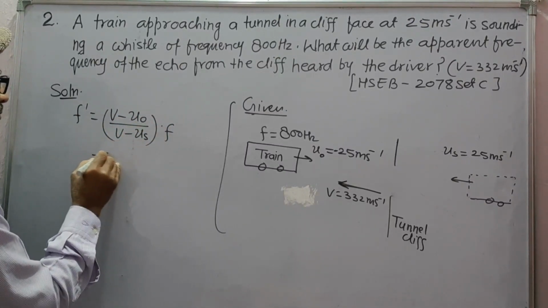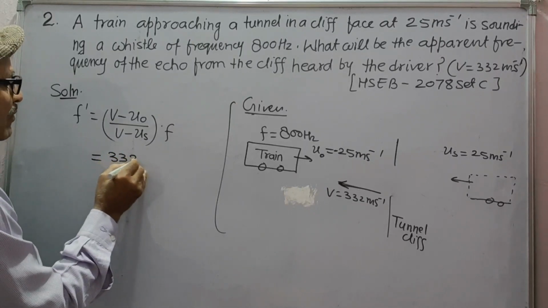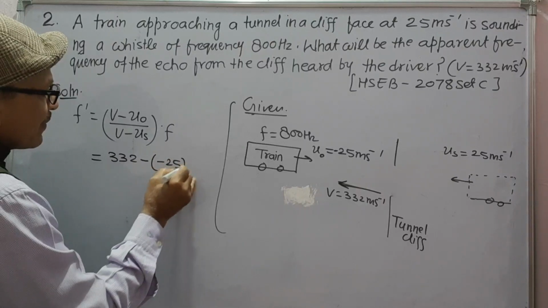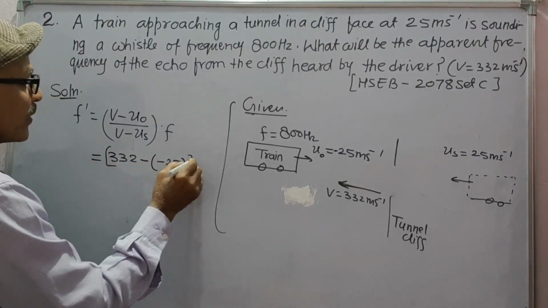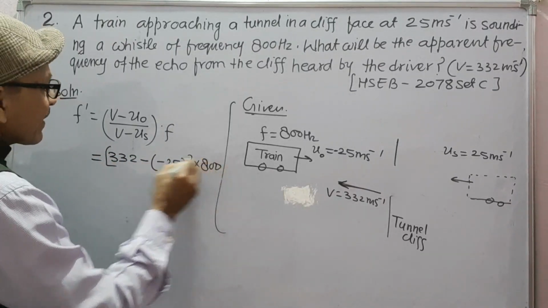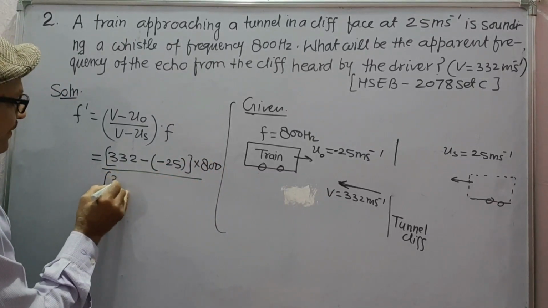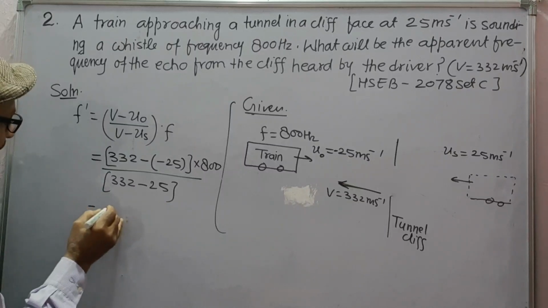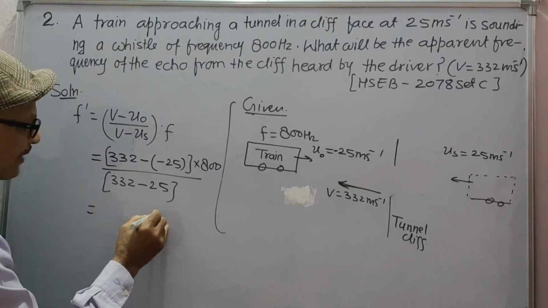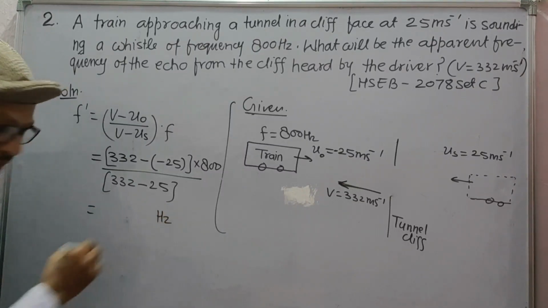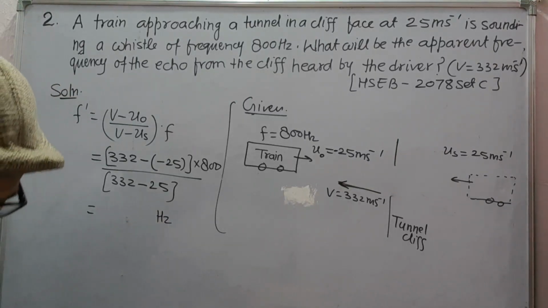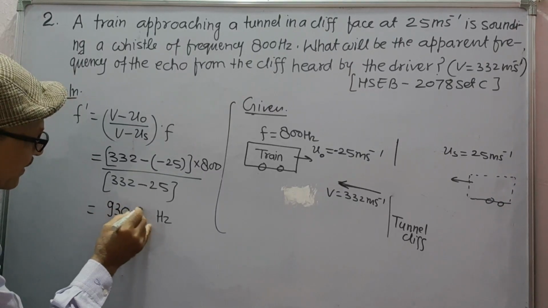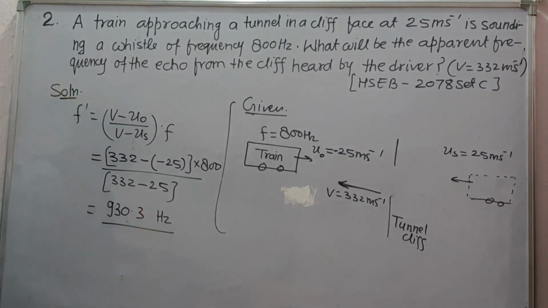Put the values. v is 332 minus uo is minus 25, into f, 800, upon 332 minus 25, which gives apparent frequency as 930.3 Hz.